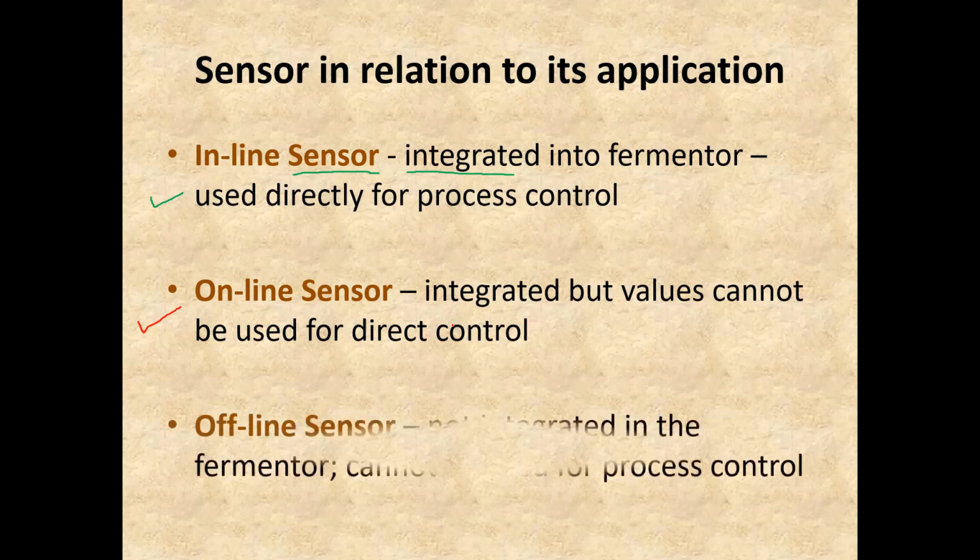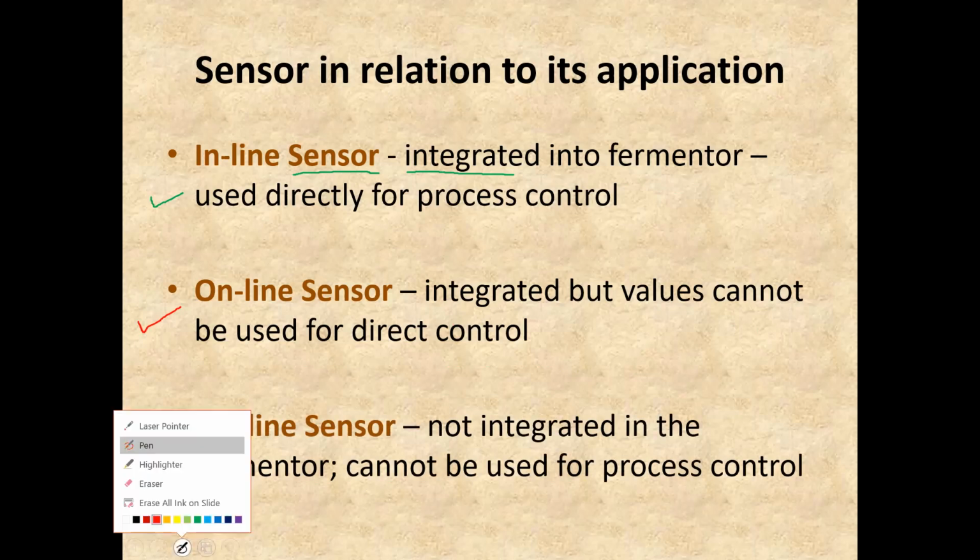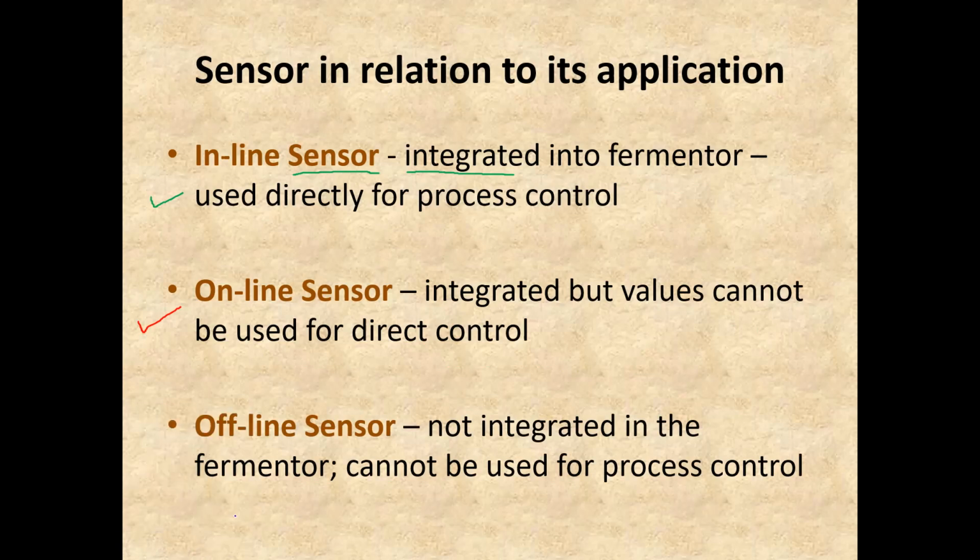The last sensor, the third sensor, is the offline sensor. It's not integrated into the fermenter, unlike inline and online, and it cannot be used for process control. Most of the things are manual here. It's not part of the fermenter. Someone has to go and monitor a parameter.